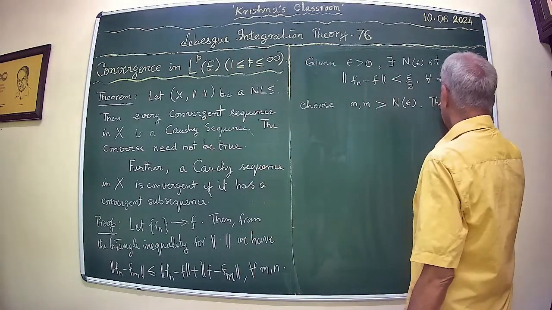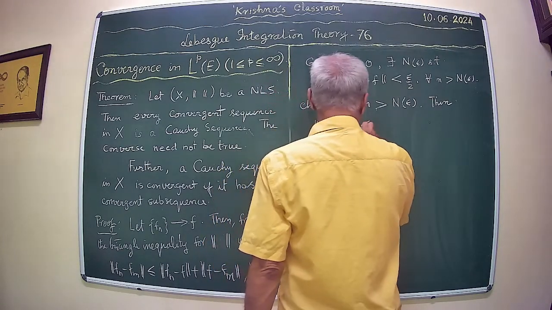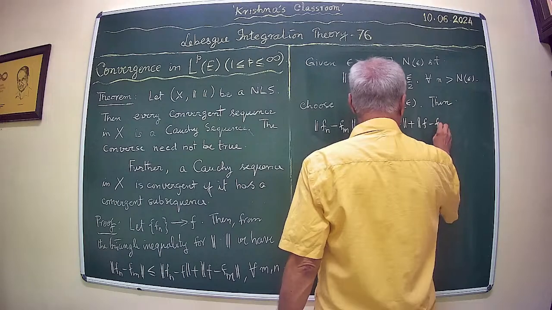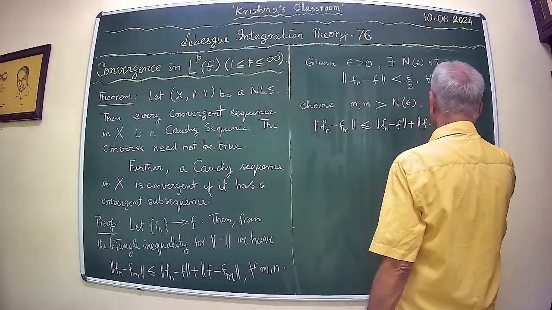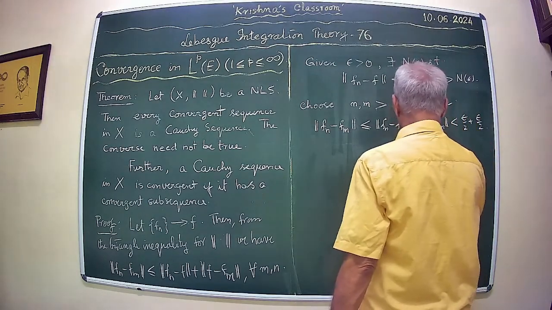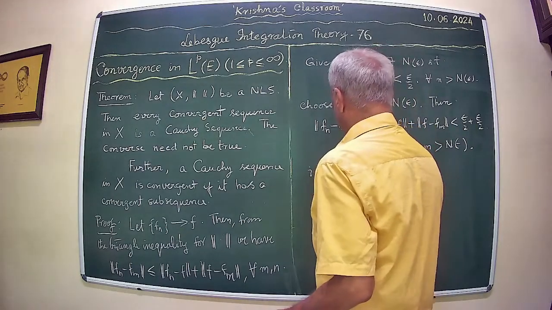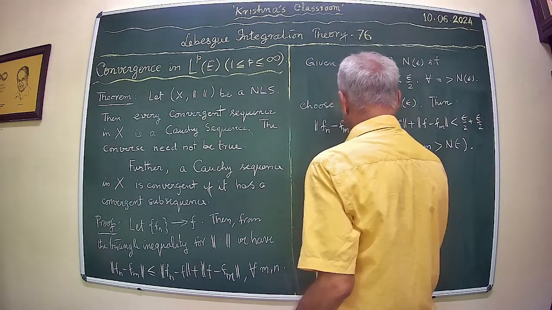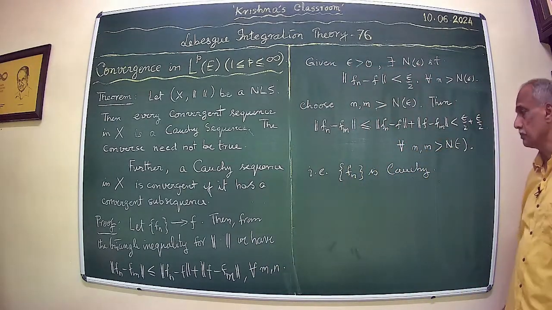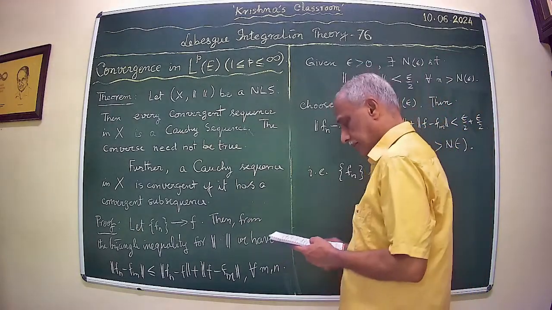Then we have that. So all convergent sequences are Cauchy sequences, but we have already seen there are Cauchy sequences which are not convergent. So that we have already seen.